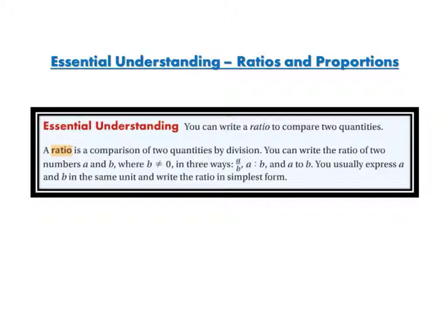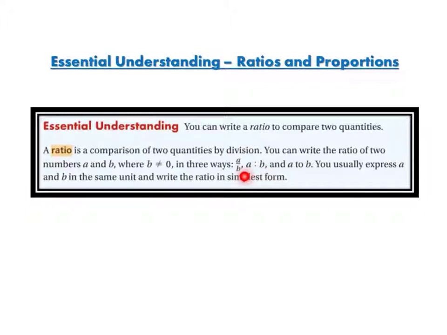to compare two quantities. And that's all a ratio is, a comparison of two quantities, and it's compared by division. So we can write a ratio in 3 different ways. We can write it as a fraction, a over b.